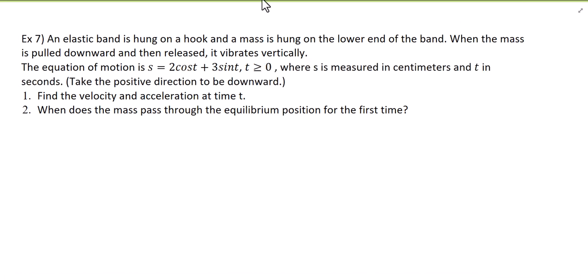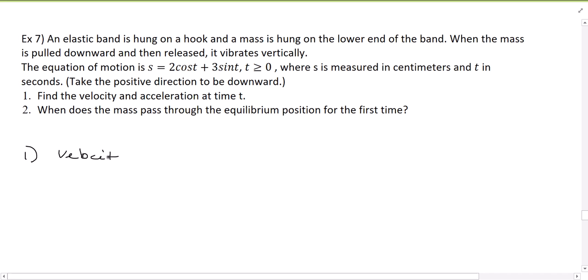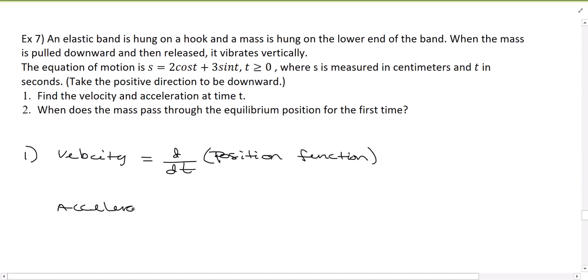The first part is asking us to find the velocity and acceleration at time t. So for one, the velocity function is the derivative of the position function. So in this case, the derivative, since our variable is t, is d dt of the position function. And the acceleration is the derivative with respect to t of the velocity function, which then in turn means that it's the second derivative of the position function.